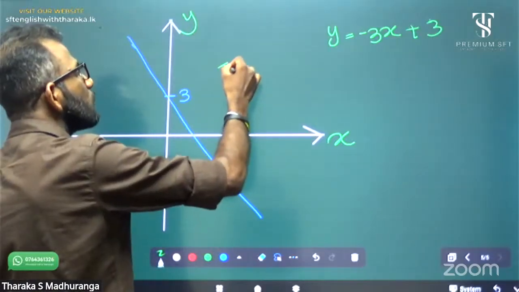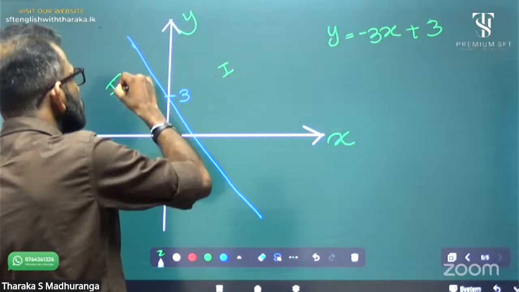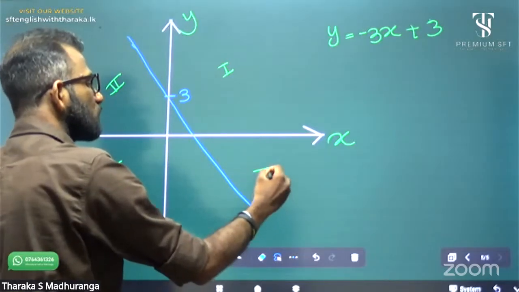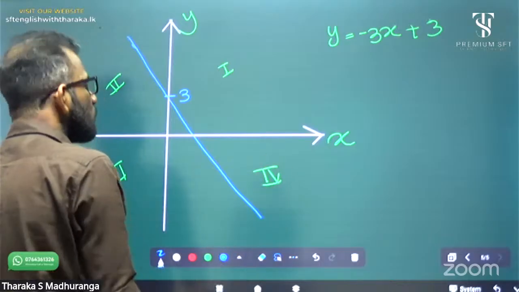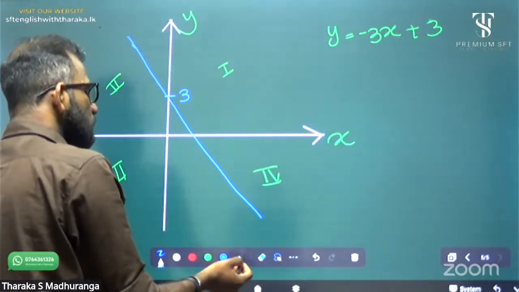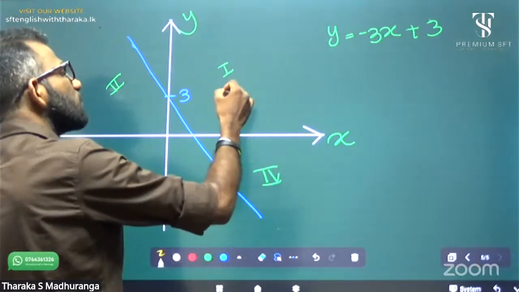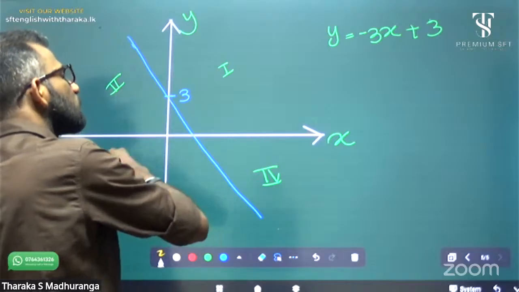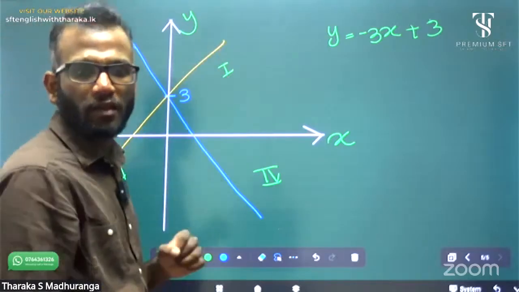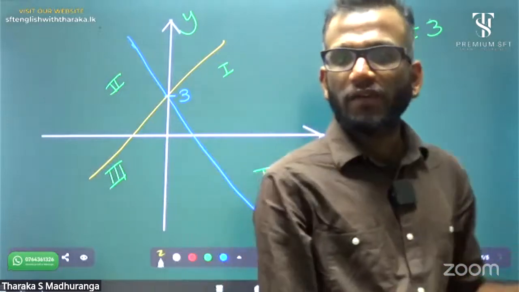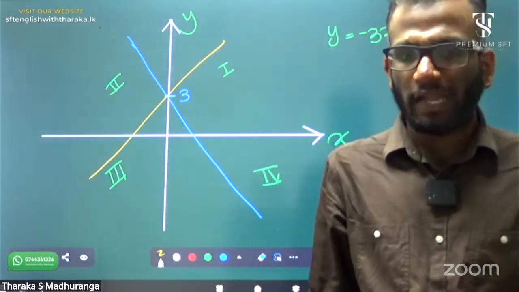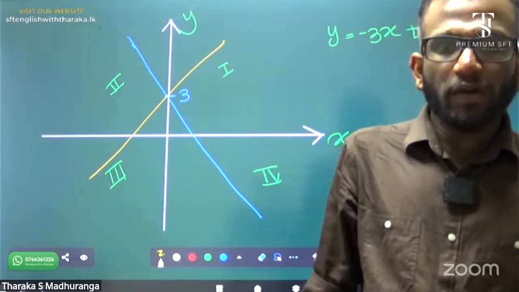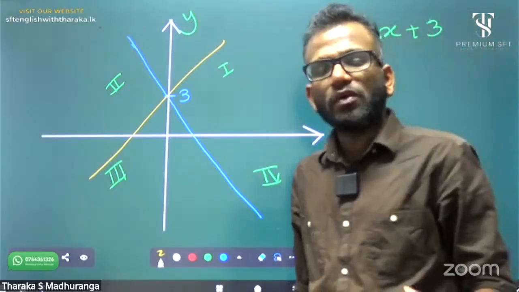This is the first, second, third, and fourth circular base. In the first circular base all trigonometric values are positive. Therefore, the yellow one is not the direction of the straight line. If it is the yellow one, the gradient should always be positive.